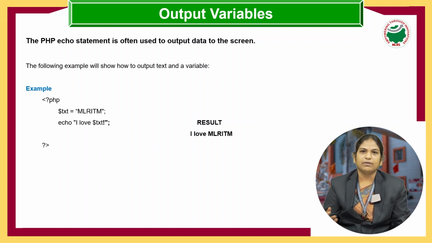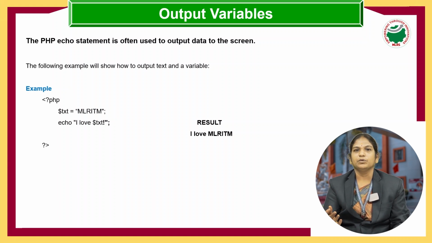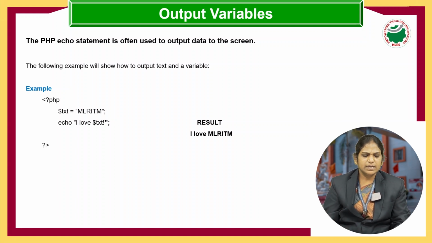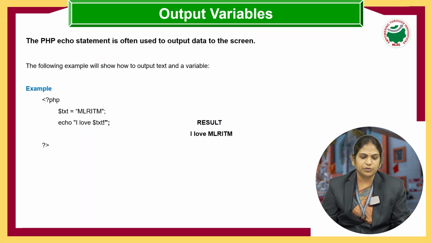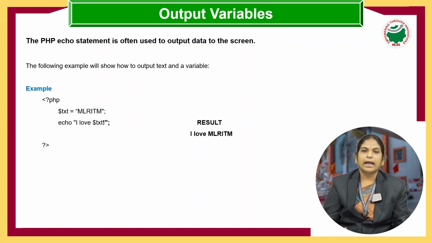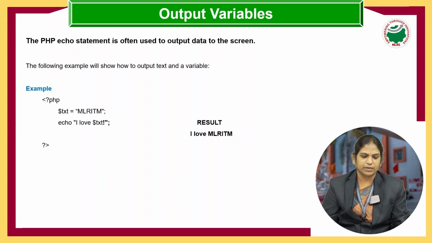In Java and other languages, we use keywords for taking input from the keyboard and displaying output on the screen. The same thing here we are going to do with the echo statement, and another output statement is also there, that is the print statement. Here we have 2 output statements to display output on the screen.